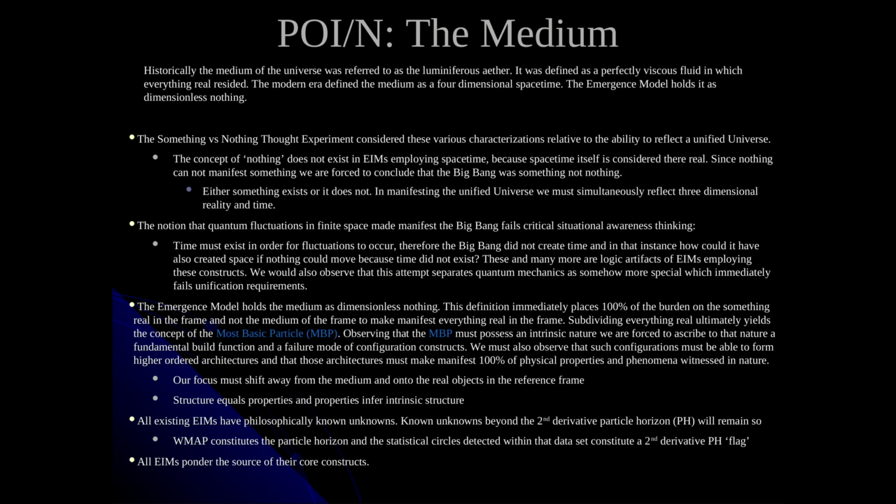And so we have to then focus on the something that's in the frame, and when we do that, the 800-pound gorilla in the room becomes, what does the architecture of that real object look like? And because of that architecture, what are its interaction characteristics that produce the phenomena and the properties that we witness? And we need to do a lot of R&D on that.